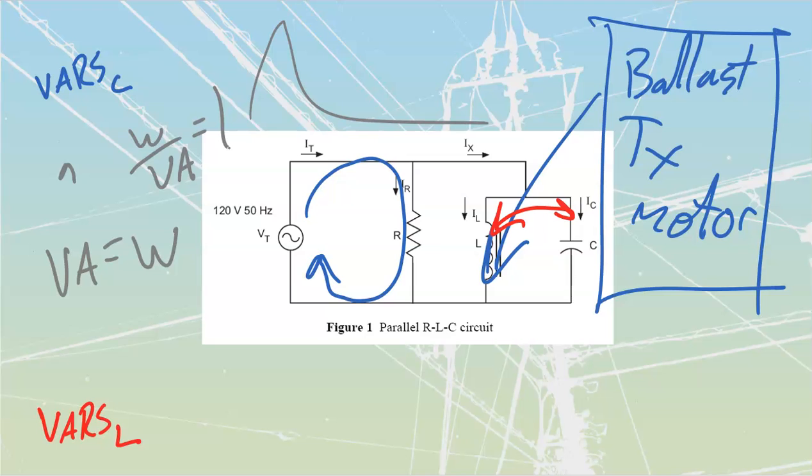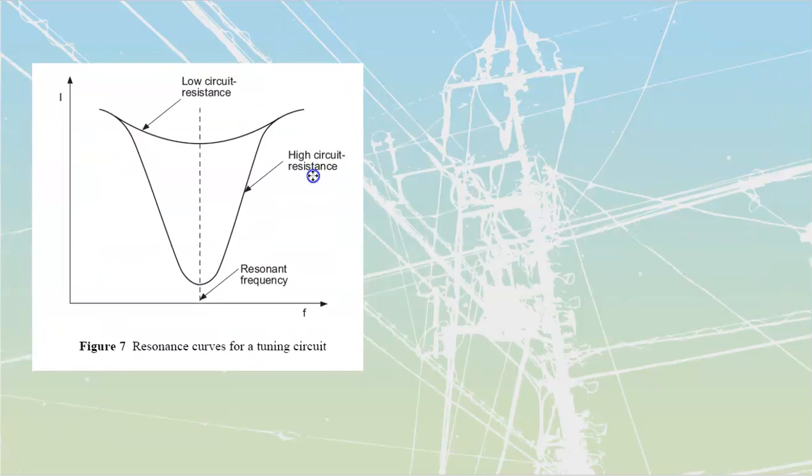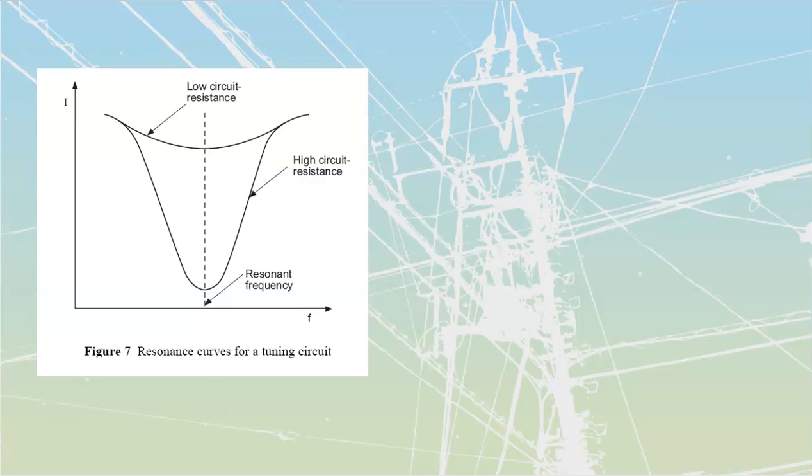As far as frequency goes, frequency is going to make a difference as to where this thing is going to resonate. For any combination of inductors and capacitors, there will only ever be a single resonant frequency. We can calculate that using that same formula that we had before.